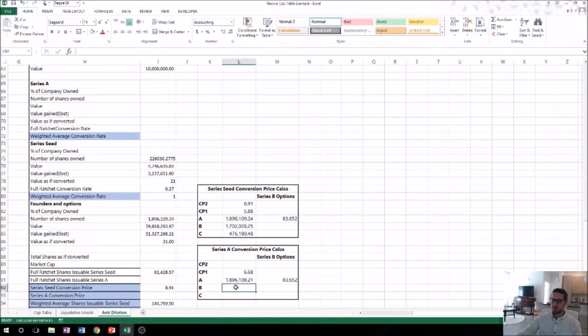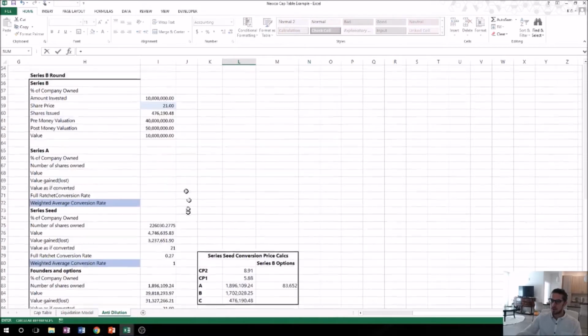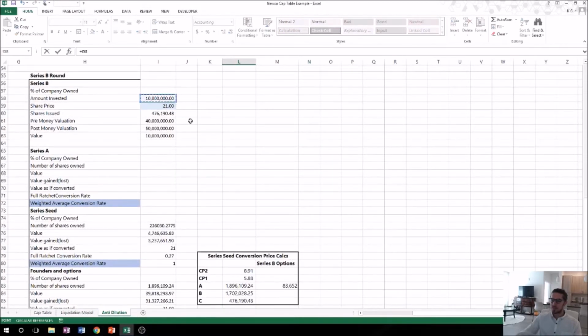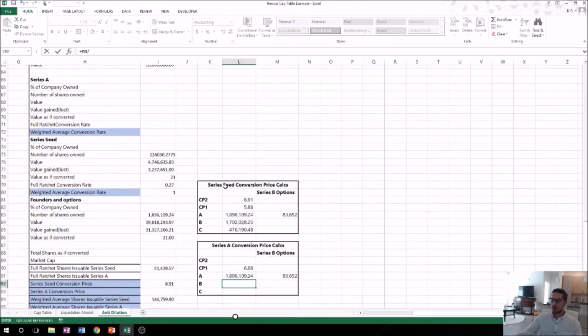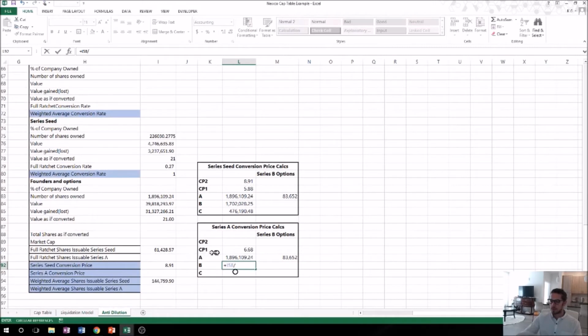So we have to take the amount invested in the Series B and divide it by the new CP1, or the CP1 for Series A. And then of course with C, that's going to be the same number as above, so we'll just reference that one too.